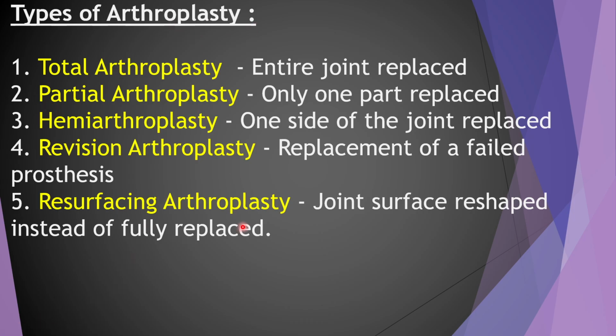So moving to the next topic, types of arthroplasty. There are 5 types: total arthroplasty, partial arthroplasty, hemiarthroplasty, revision arthroplasty, and resurfacing arthroplasty. First, total arthroplasty, for example total knee arthroplasty.